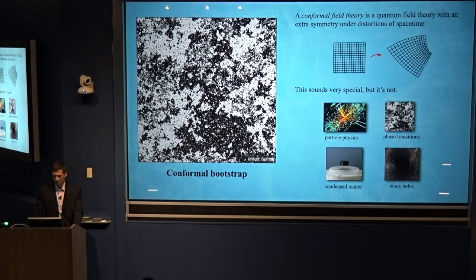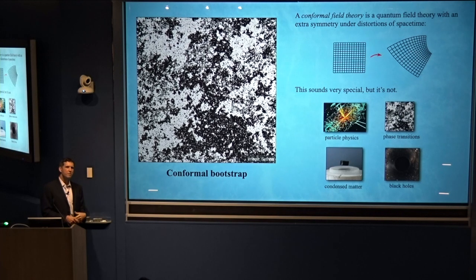This is a phenomenon known as universality. It shows up in particle physics. It shows up in the theory of phase transitions. It shows up in condensed matter physics and in the theory of black holes, as I'm discussing today. This picture that I keep showing represents the long-distance correlations that you get in matter near a phase transition.